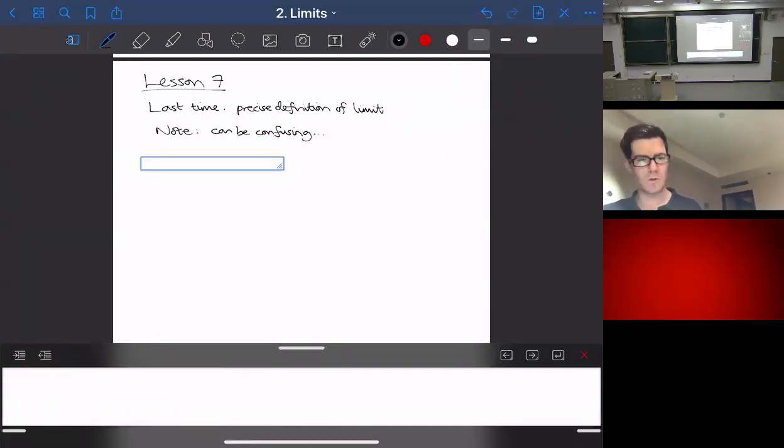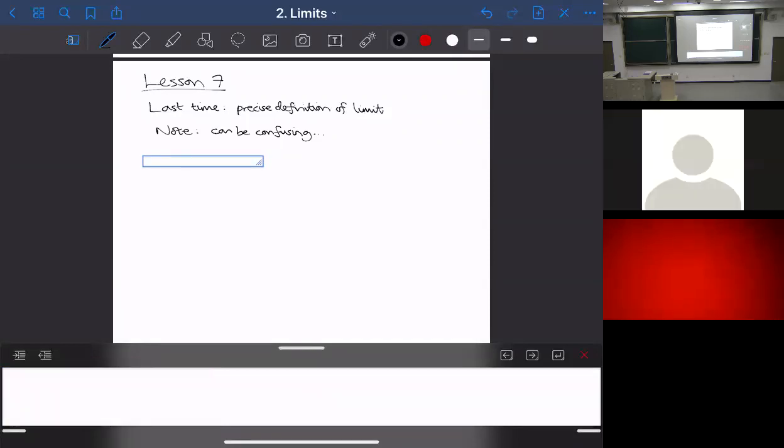So I want to give some examples at the beginning of this lecture about how you can get confused about this definition and remind us what the right definition is.